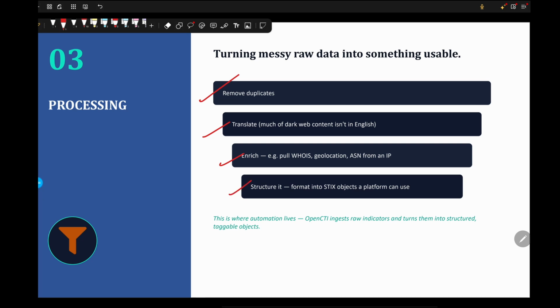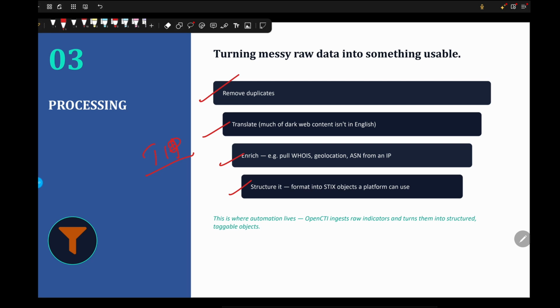Then the last one is structure it. Once you have all the information that you need, you have to structure it into a particular format. It could be a JSON format, or maybe a STIX format. This is basically because, for instance, if you are pushing this feed into a TIP platform, basically a threat intelligence platform, you can only map the relevant feeds if your data is in a proper format, either JSON or STIX, so that the TIP platform can understand what exactly is in the data.